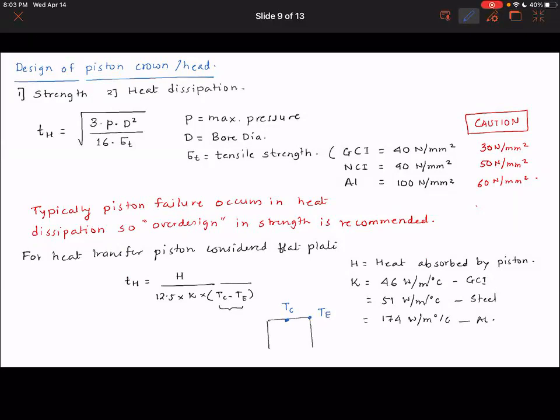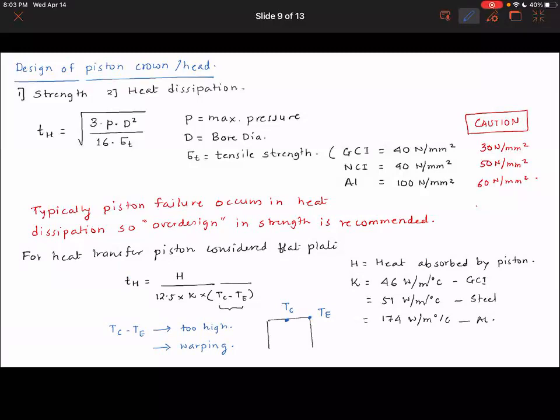There is a relationship between these two, because if Te and Tc are significantly different, for example if Tc minus Te is too high, that leads to piston warping. So you don't want the difference between the two temperatures to be very high.